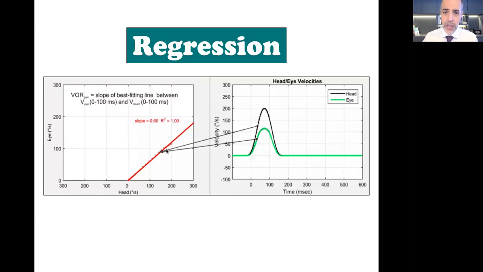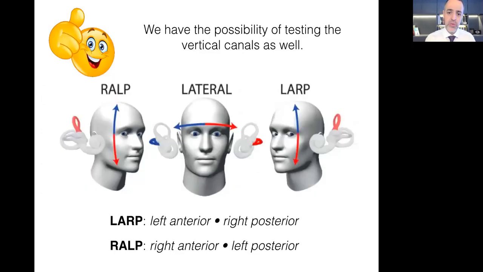And you can use the regression method as well to be aware of the VOR gain. So my point is, different devices use different methods. There is no perfect method. Each of them has advantages and disadvantages. So you need to be aware of what kind of device you are using and to understand this difference.